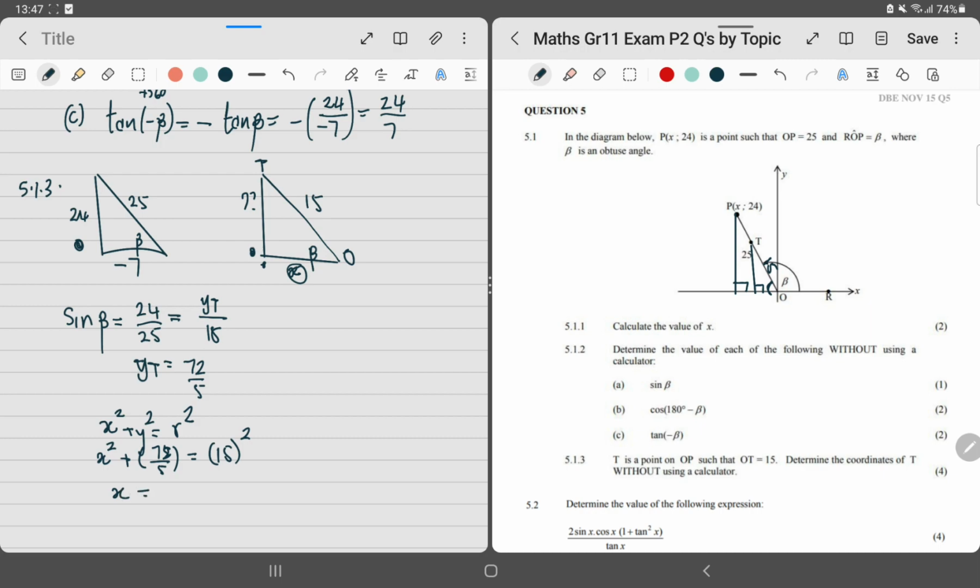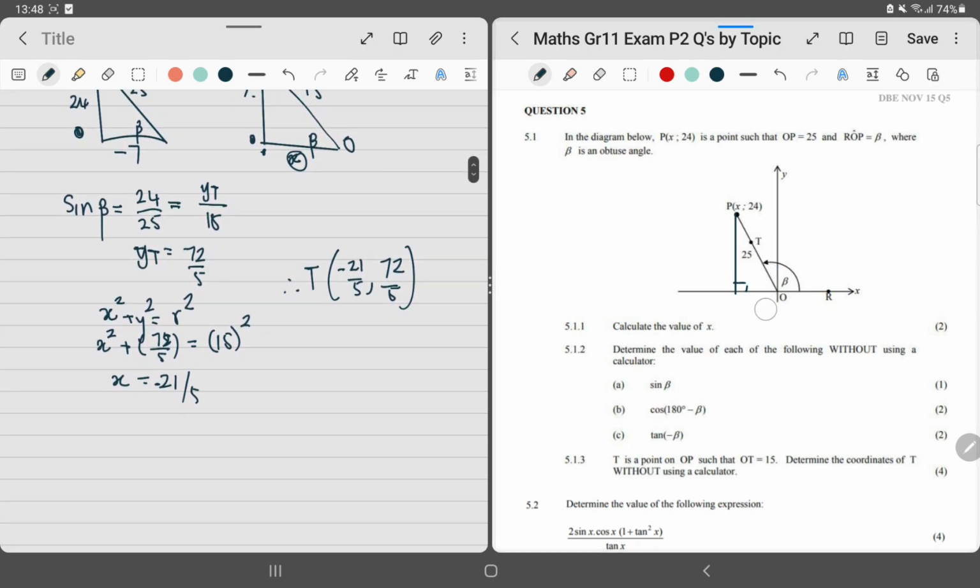So the x should be the square root of 15 squared minus (72 over 5) squared. So I'm getting 21 over 5. But the x must be negative there. This means that the coordinates of T must be (negative 21 over 5, 72 over 5).